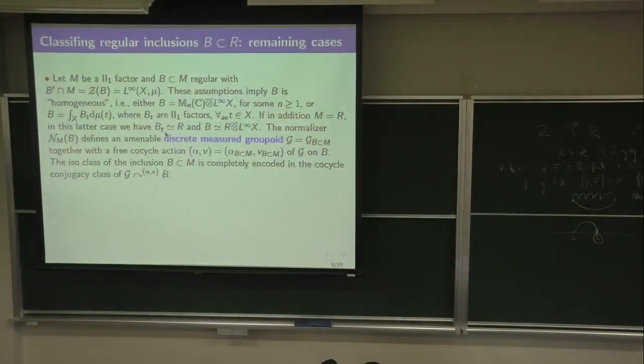What I'm trying to say is that we had a group in the irreducible case and an equivalence relation in the abelian case. And here I'm saying it's a combination of the two.